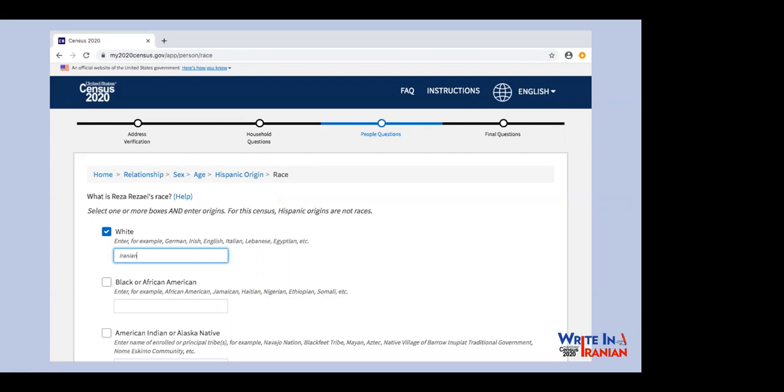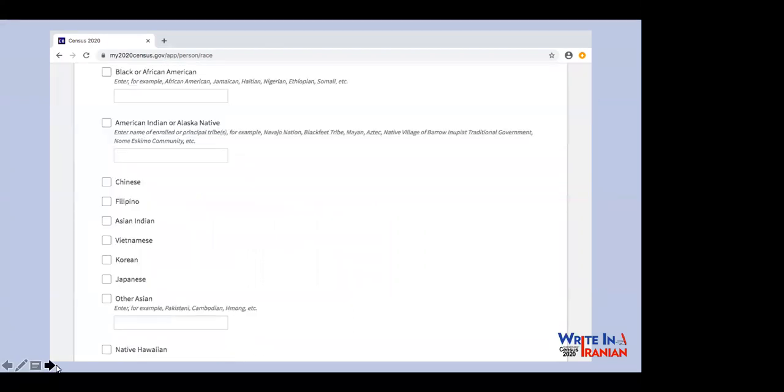feel that they are. So if they self-identify as white, then by all means click the white box. There are many different boxes actually provided on the census questionnaire. If you go to the next or scroll down the page when you're on the website, there's Chinese people.